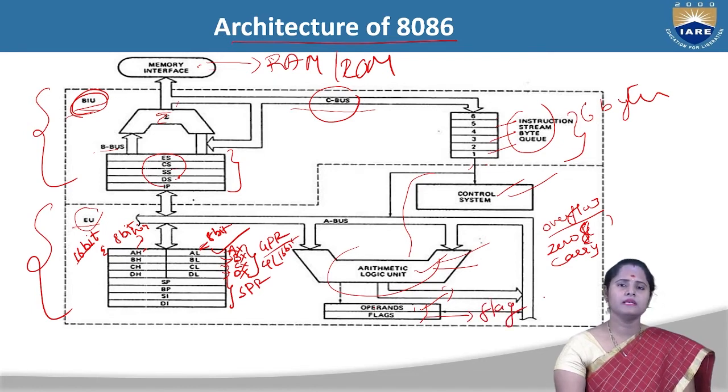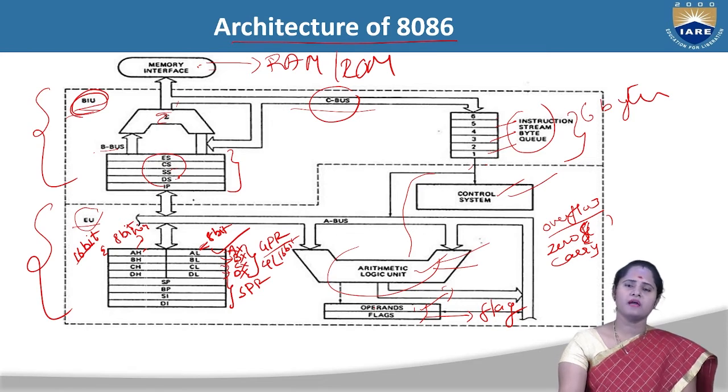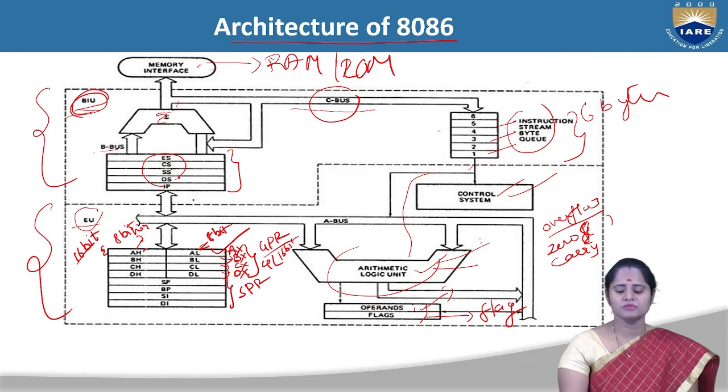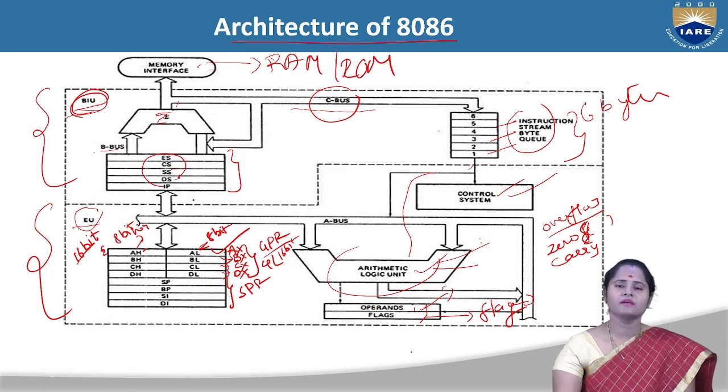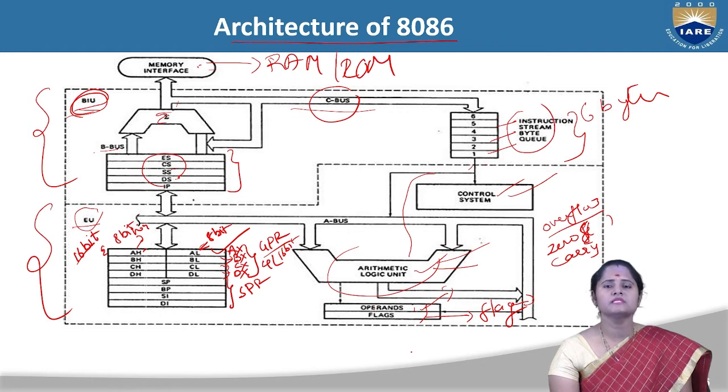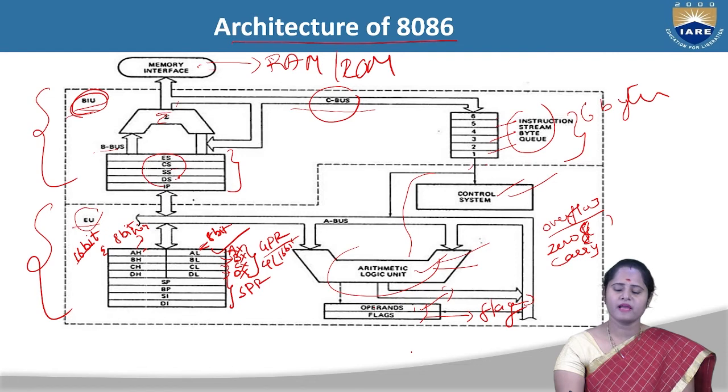In detail, we'll see how many flags we have. We have conditional flags and control flags, which we'll see later. So this is the flag register. My ALU accesses 16 bits, so the flag register is a 16-bit register which shows the status of the 16-bit data processed by the ALU.